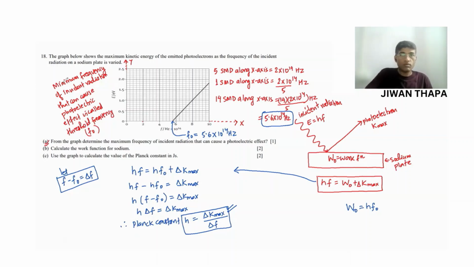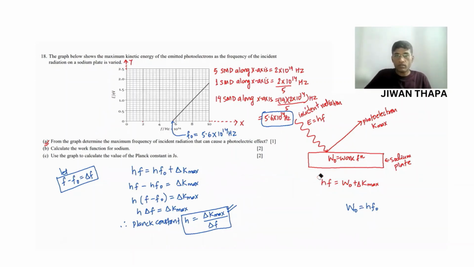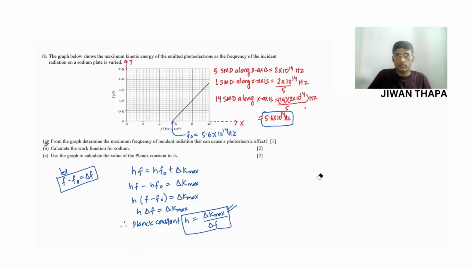We have maximum kinetic energy along y, and we have frequency along x. Now let us take this part of the graph and find the slope.